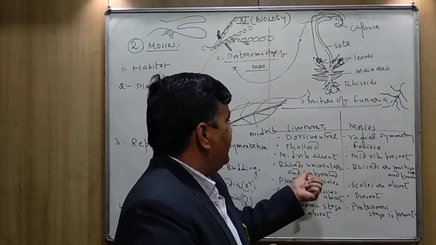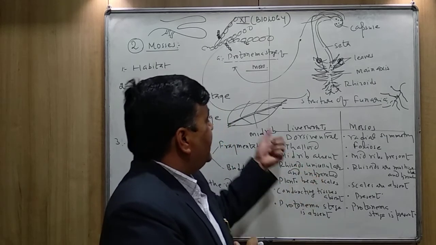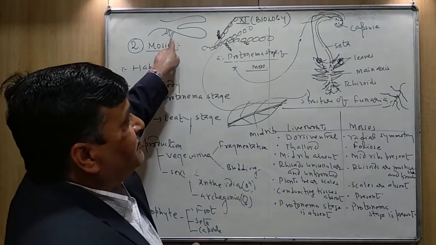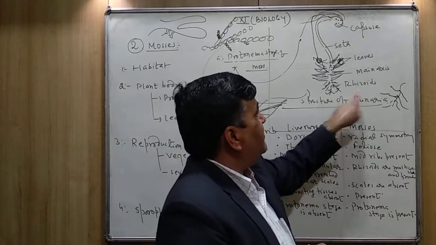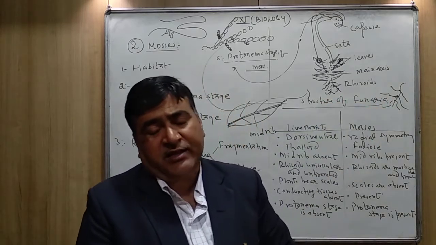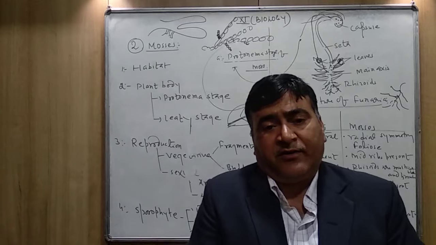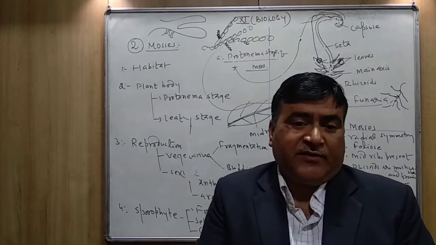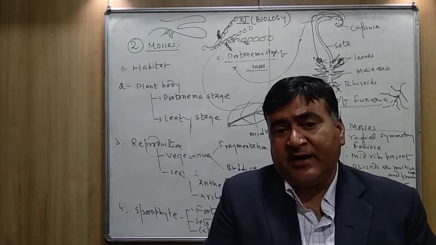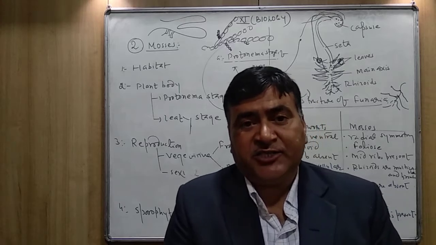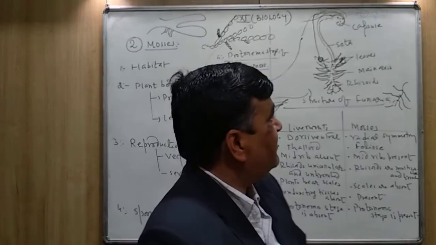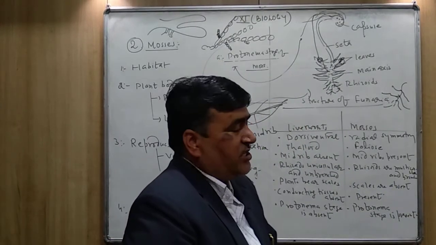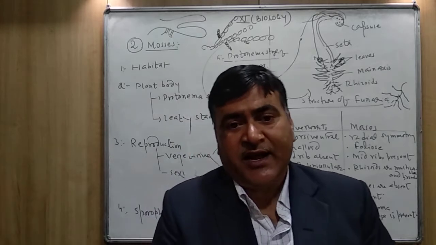And in liverworts the rhizoids are unbranched, but in mosses the rhizoids are branched. So the rhizoids of liverworts are unicellular and unbranched, while the rhizoids of mosses are multicellular and branched.